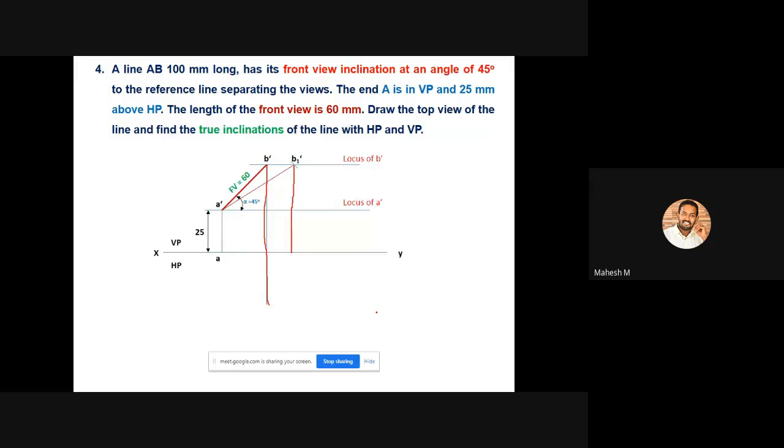From B1 dash you have to project up to locus of A. You can check your previous problems. In our previous problems we projected the B1 dash up to locus of A, right? This horizontal reference line is our locus of A. So you have to project B1 dash up to locus of A.